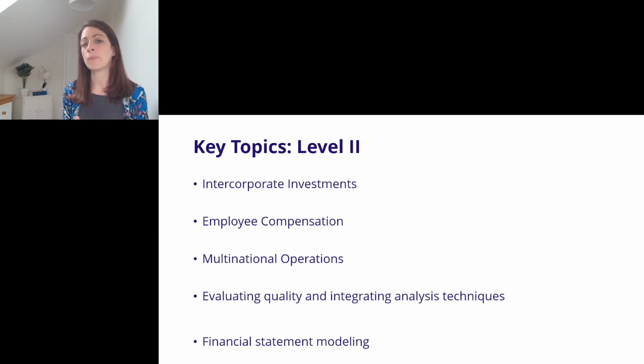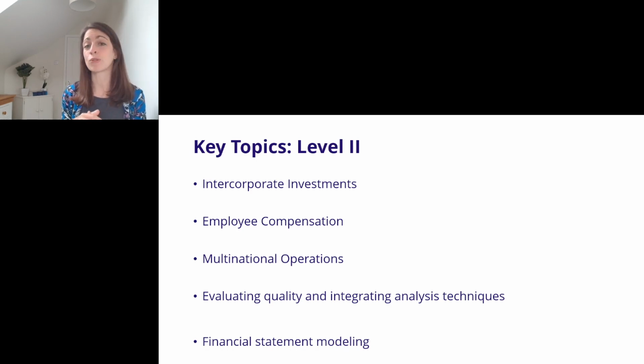At level 2, of course, it builds on level 1 and goes a step further. So the key topics that are covered at level 2 during the 2023 sittings are intercorporate investments, so looking at associates and subsidiaries and how they are accounted for in the financial statements. Employee compensation, so that would be post-employment, so pensions, share-based compensation as well.